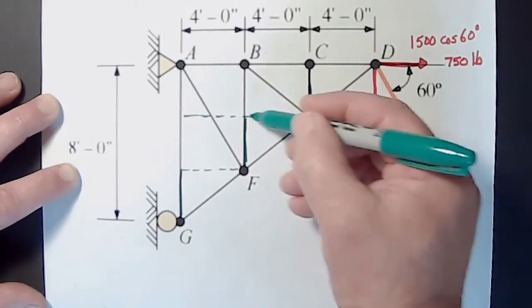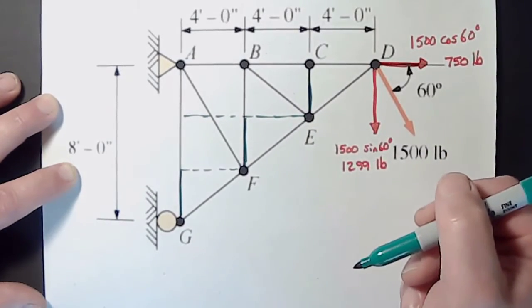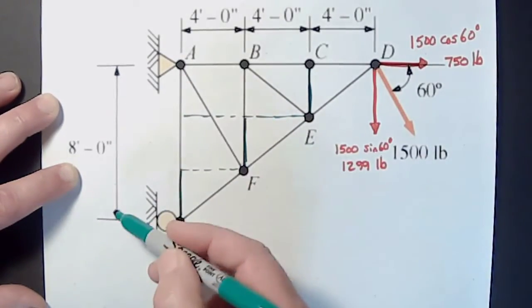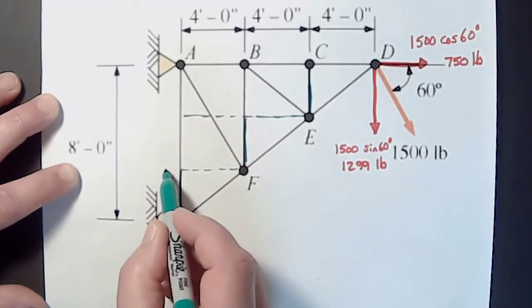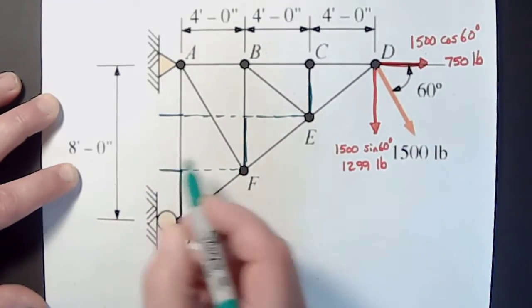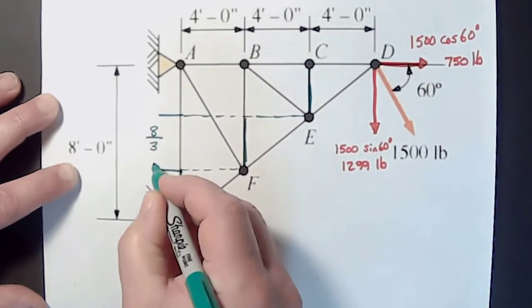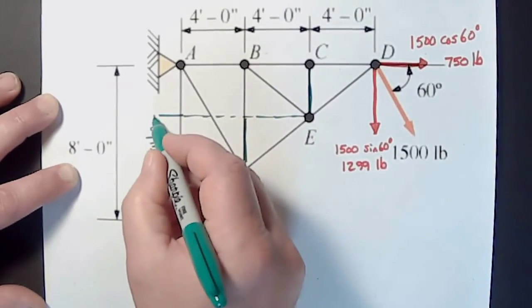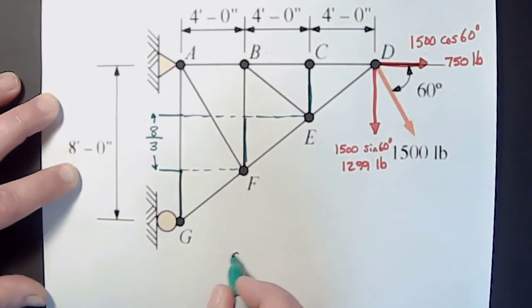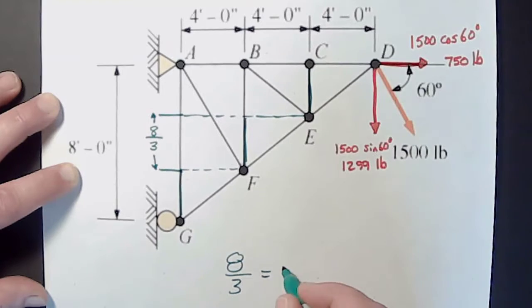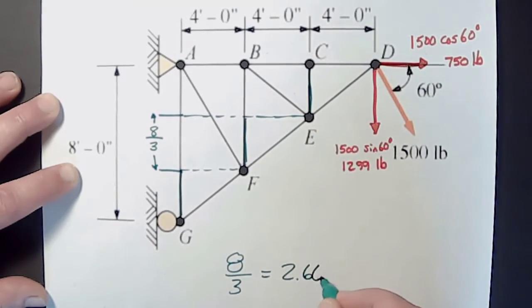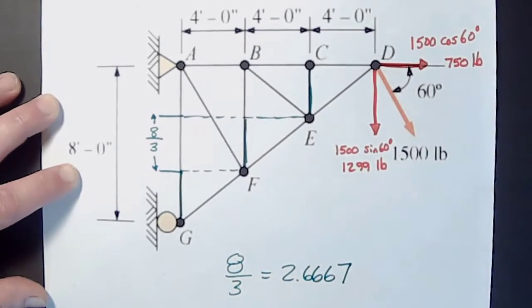And since there are 3 legs that all have to be the same length, and my total length is 8 feet, this distance has to be 8 divided by 3. And if you divide 8 by 3, you get 2.6667 feet.